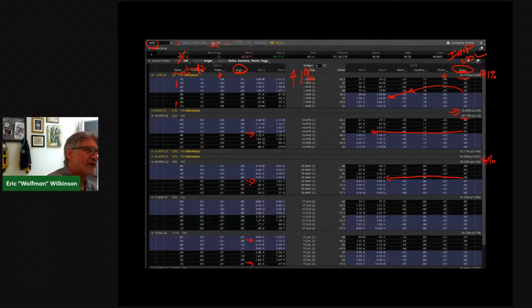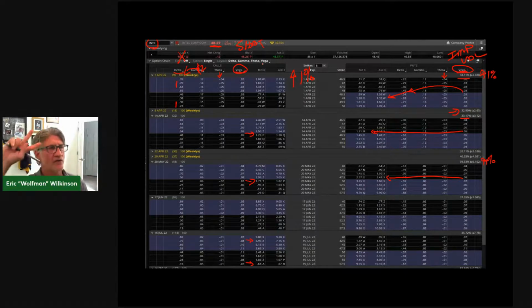So if I were going to short this underlying, I would sell it before buying. That means I would get short at 48.27, and if it goes down to 47.27, I make $1. I lose $1 if it goes up to 49.27, just like the underlying.